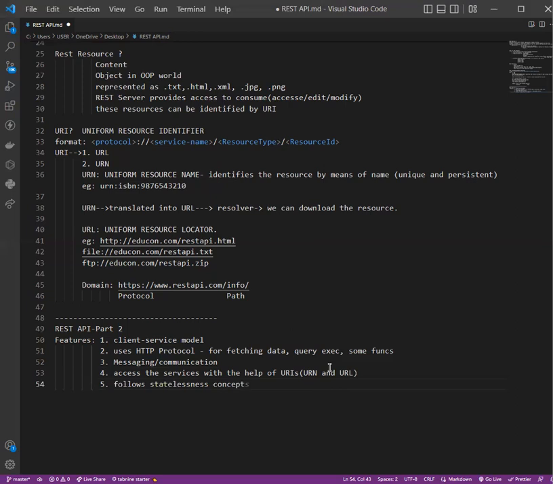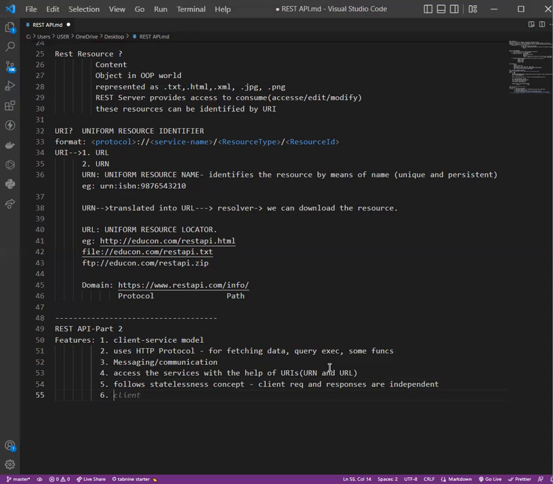And for that reason, it provides total assurance of getting the required data. So, what is the statelessness concept? Client request and response are independent.